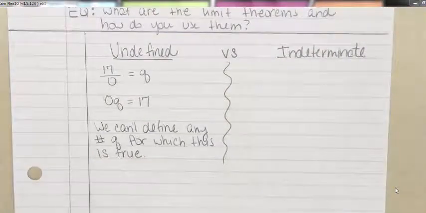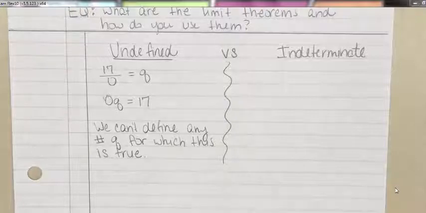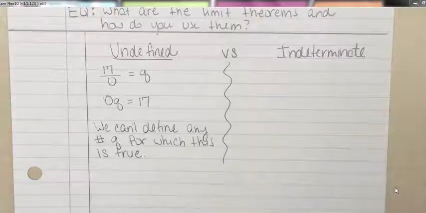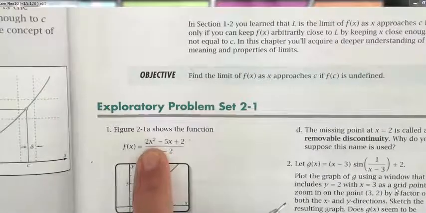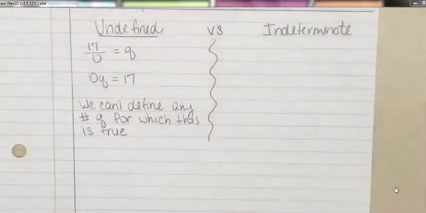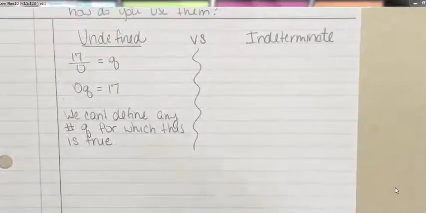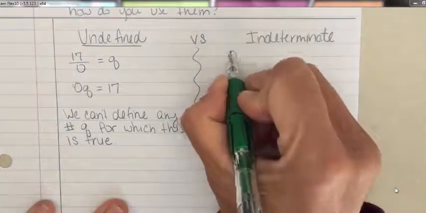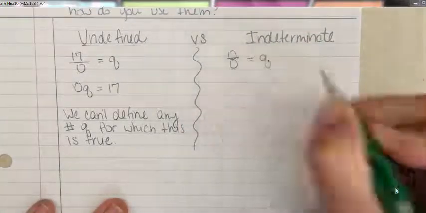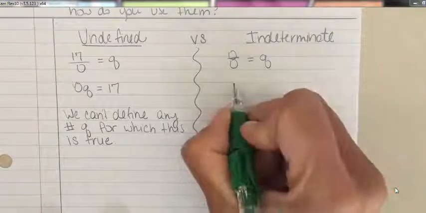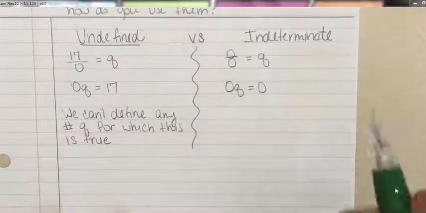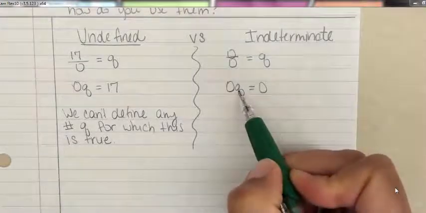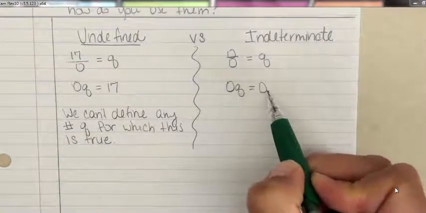Now, indeterminate. In this example, they give you the indeterminate form 0 over 0, because if you plugged 2 into here, you're going to end up with 0 over 0. That is one of many indeterminate forms. There are several indeterminate forms, and we'll get into that another time. But let's take 0 over 0 and set that equal to Q, and see what happens when we cross multiply. Now I get 0 times Q is equal to 0. Is there any number that I can plug in for Q, multiply by 0, and get 0?